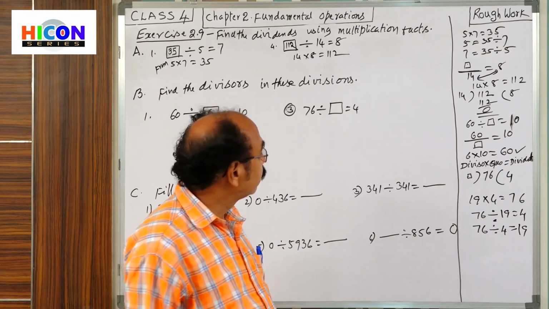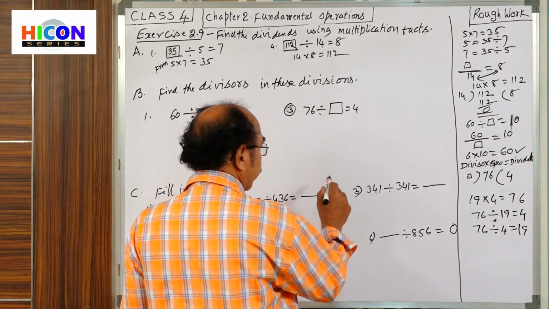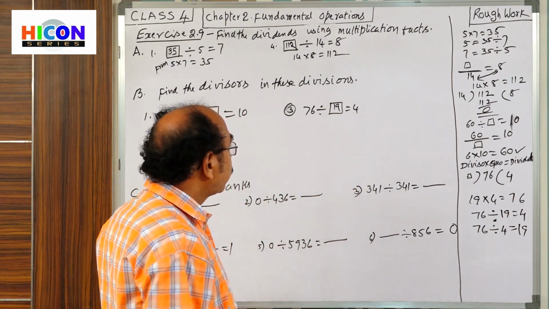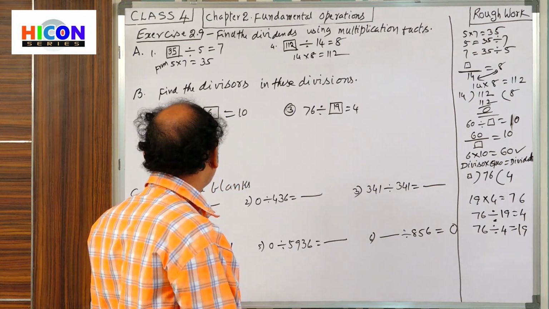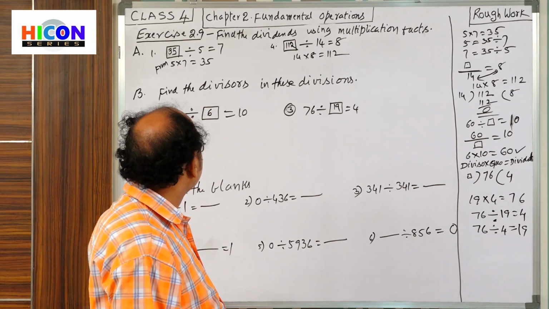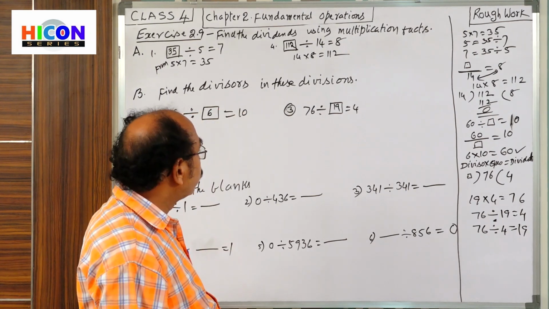Okay, children, that's why here 76 divided by 19 is equal to 4. 4 19s are 76. Here the divisor is calculated.